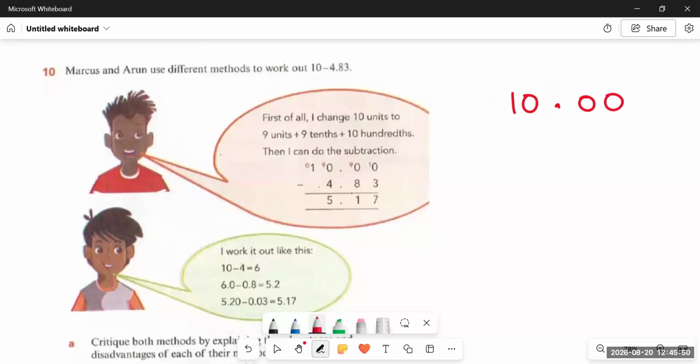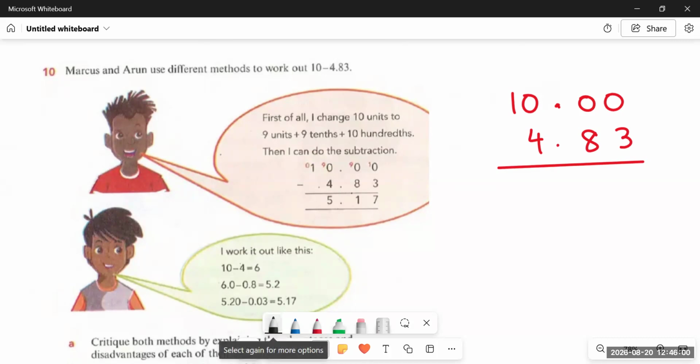So what is he doing? We are borrowing, since we have to subtract 4.83 and we cannot subtract any digit from 0. He is borrowing from one whole, that is tens, giving 1 to units.